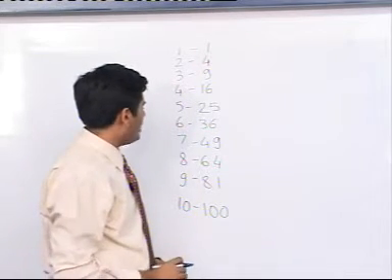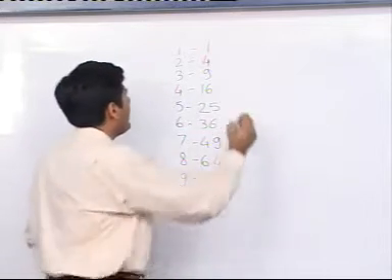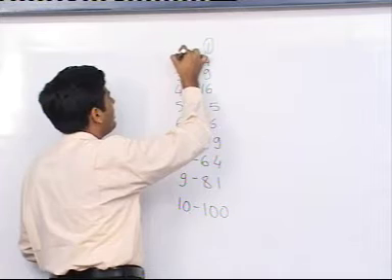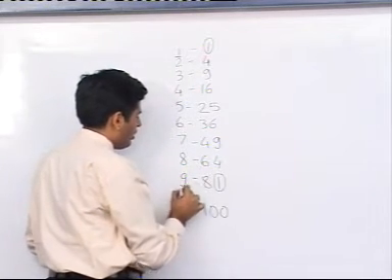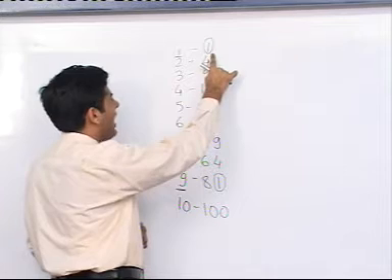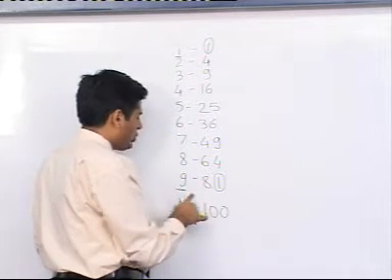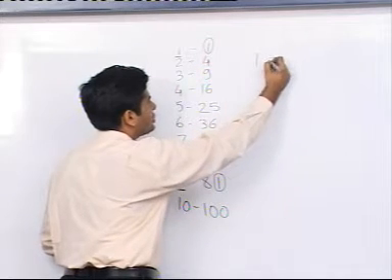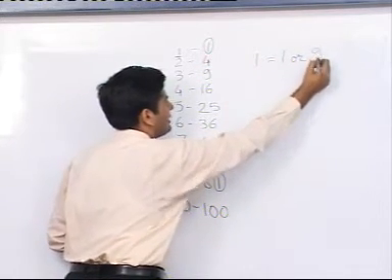So now we observe that when the number ends in 1, the square root ends in 1 or 9. If the number ends in 1, the square root ends in 1 or 9.